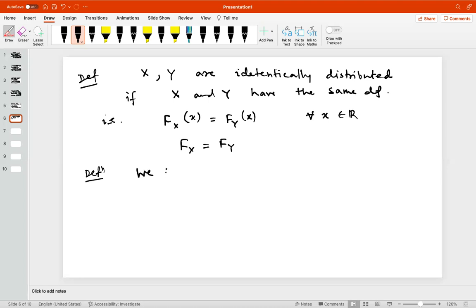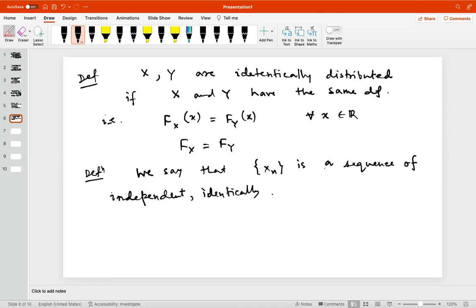We say that a collection xn is a sequence, actually a countable sequence, infinitely many x1, x2, a sequence of independent identically distributed, IID, random variables with common distribution, sometimes called common law.